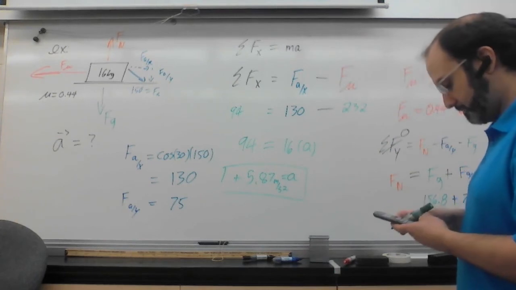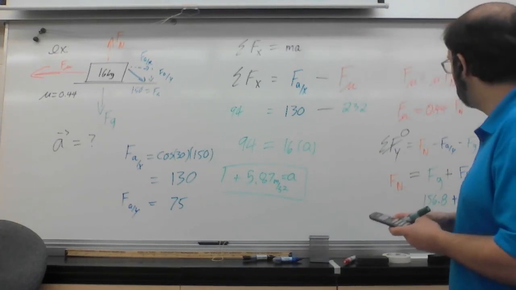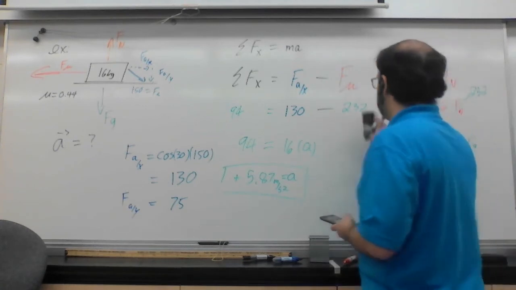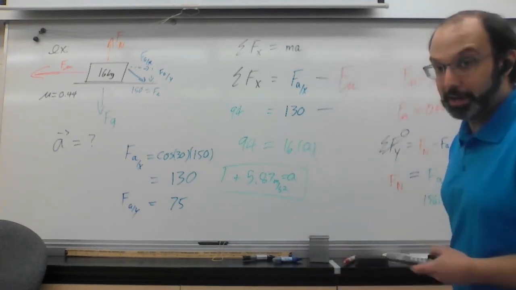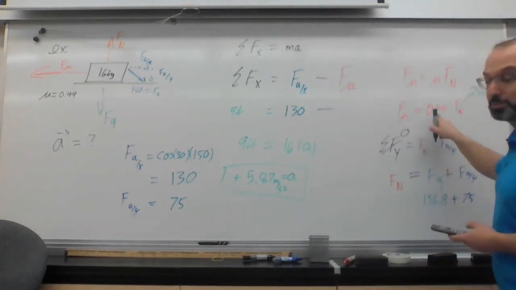So I'm going to take 130 minus 232. Oh, no. I missed the step. 232 times 0.44.